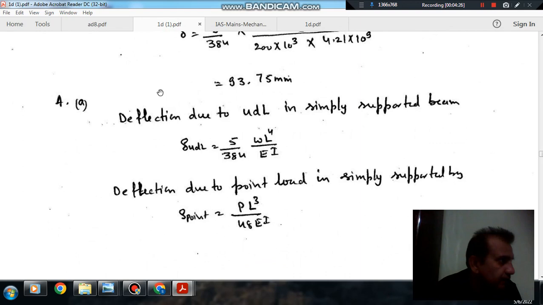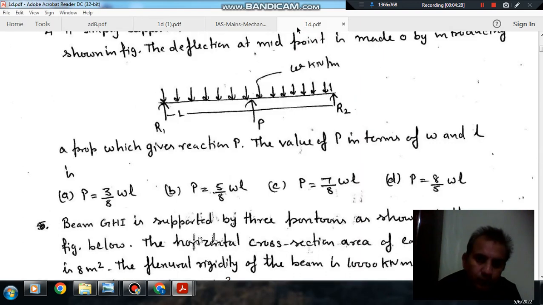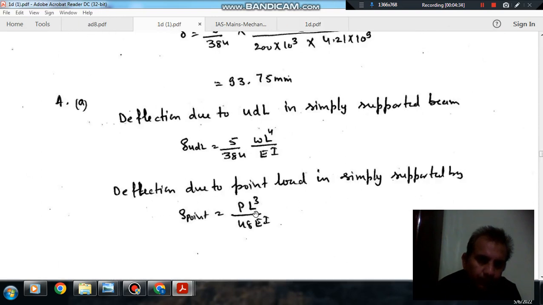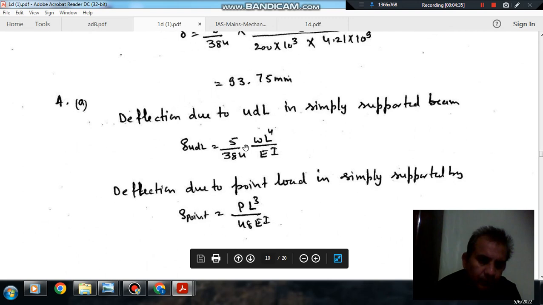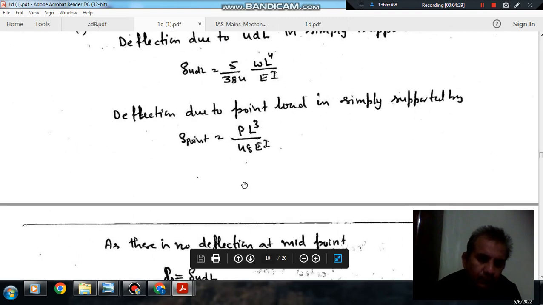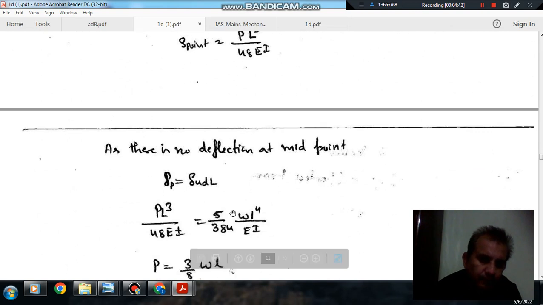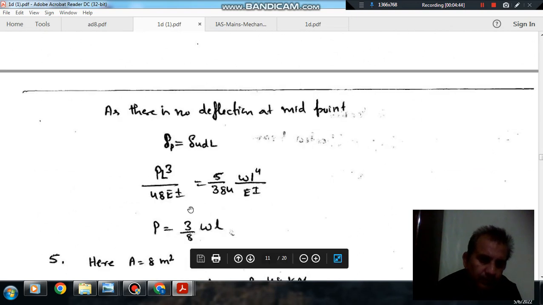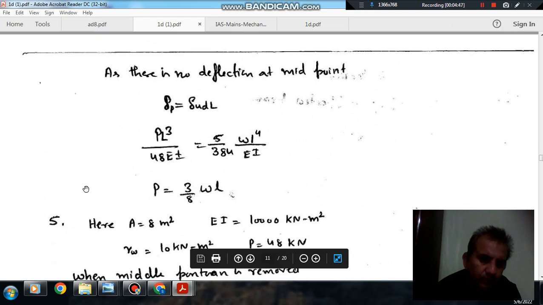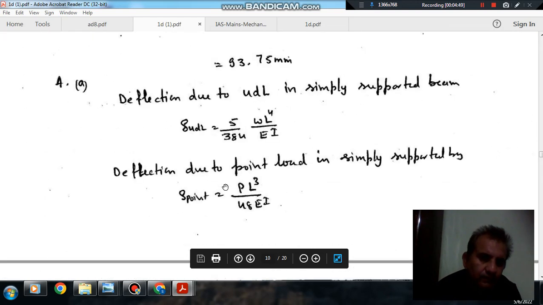Now if we consider the deflection due to the point load upward, then the deflection is PL³ by 48 EI. So equating these two, we get the relationship between P and W. So that is P is equal to 3 by 8 WL. So the answer is A.